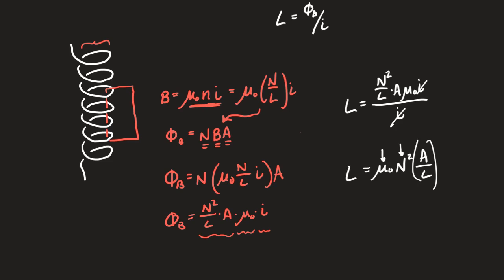Now, it shouldn't be a surprise. I want my inductor to not be very long, but to have a large cross-sectional area that ramps up the inductance. On the other hand, we don't know how the inductor is going to be used. So whether we want a small inductance or a large inductance really remains to be seen.